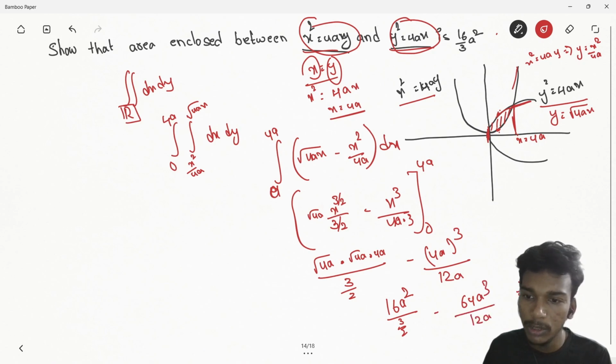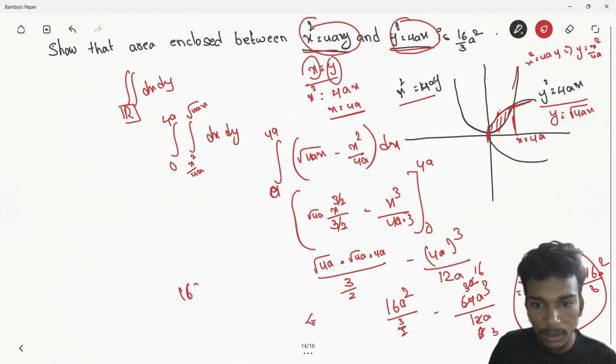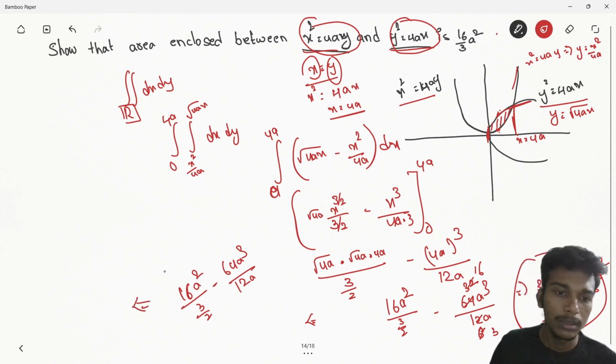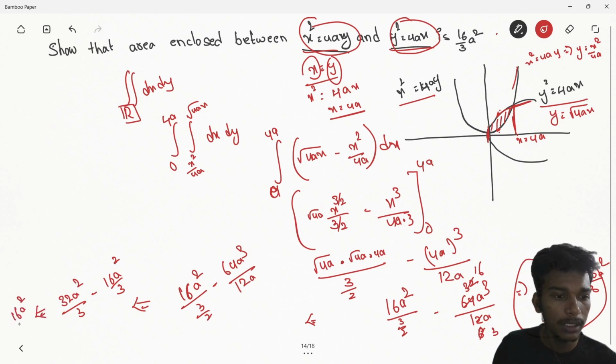If I further simplify it, 32a square by 3 minus 16a square by 3, I'm going to get 16a square by 3.